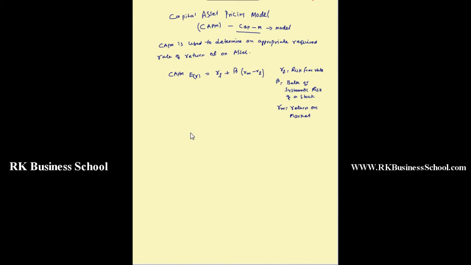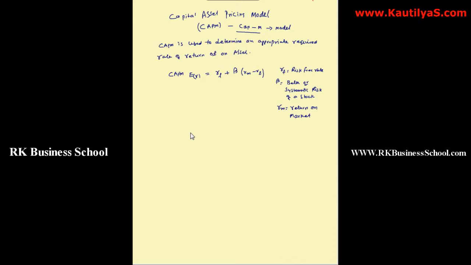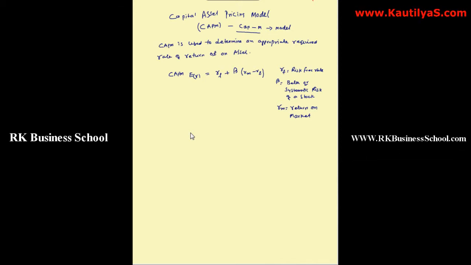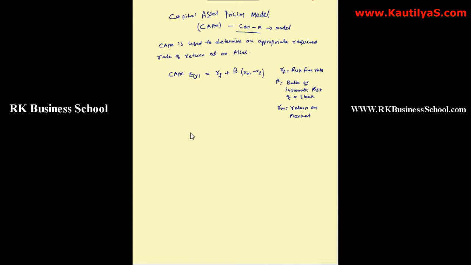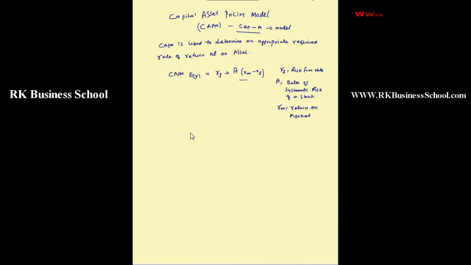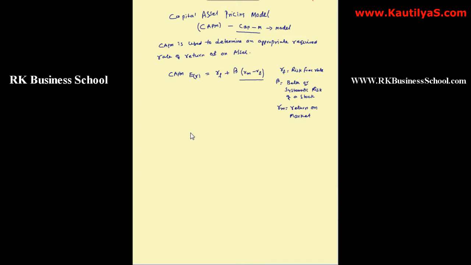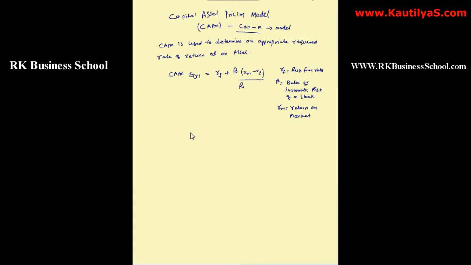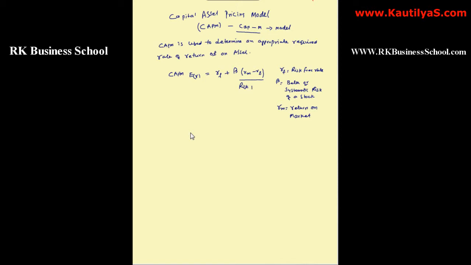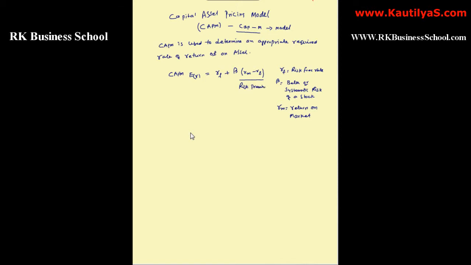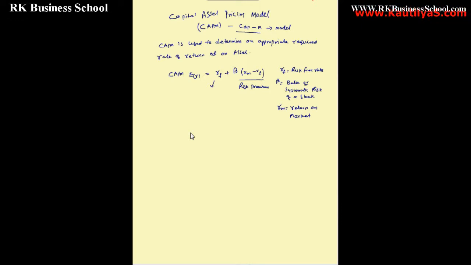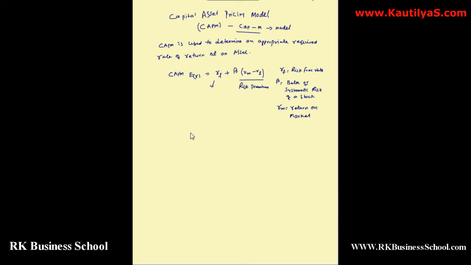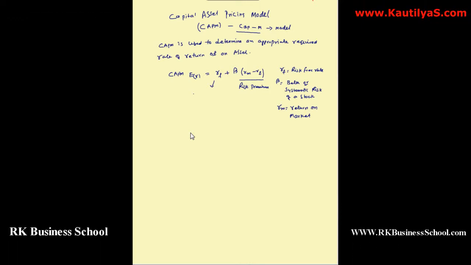So what we are trying to do is, this portion, RM minus RF in the equation, is what we call the risk premium, and this is the risk-free rate.